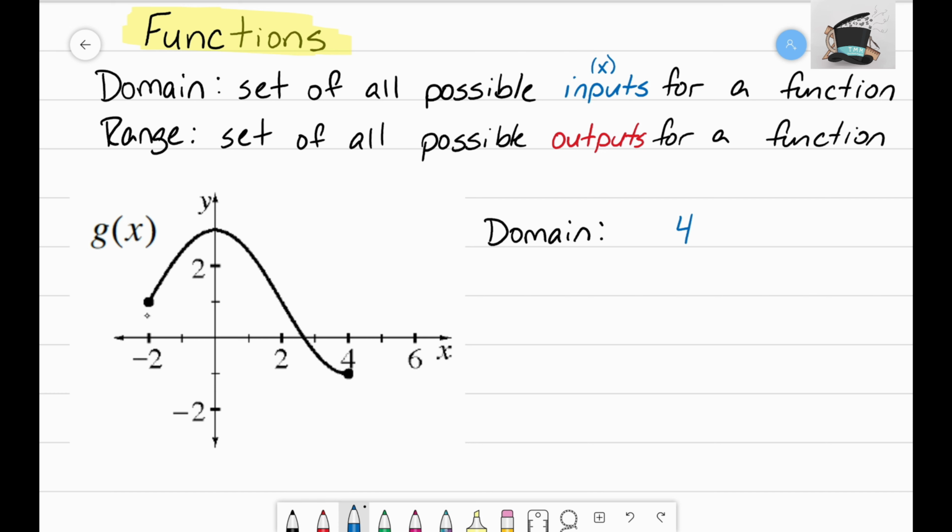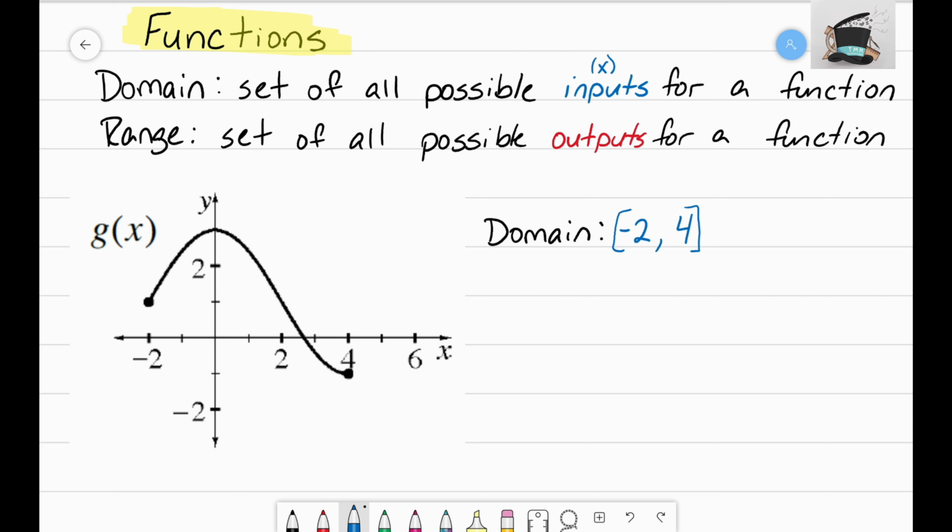So negative 2 is kind of the stopping point on the left side. So we would say that my domain is from negative 2 to 4. Okay, that is our domain. Now this is one way you can write it. And if you write it this way, this just shows that it's from negative 2 to 4. All of the numbers in between negative 2 and 4 work.